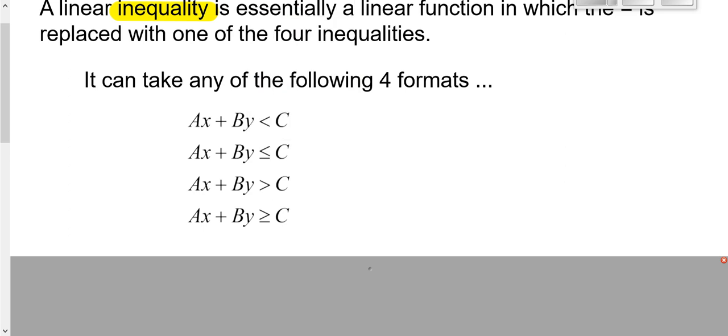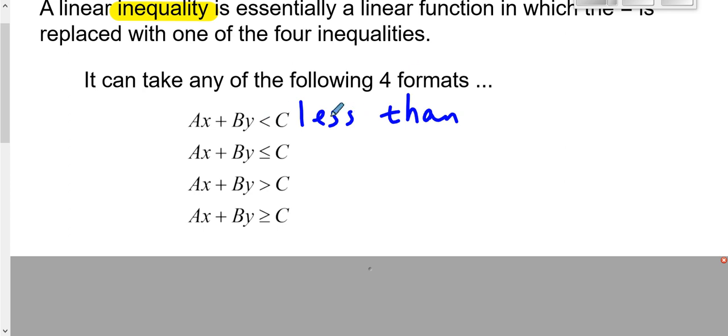And if you look at the first one, I hope you learned this from junior high math or math 10C. Okay, so this one means less than. So that means ax plus by is less than c.